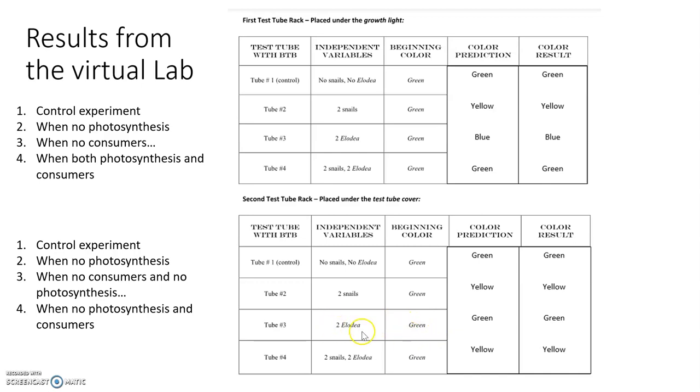The plant would respire a little bit, but obviously in this case not enough to turn the solution yellow, it would just stay green because no carbon dioxide is taken up by the plant. And in test tube 4, we have both snails and Elodea, but no photosynthesis because it's dark. So again, CO2 is produced in cellular respiration in both the snail and the Elodea, so there is a high concentration of carbon dioxide and a low pH.